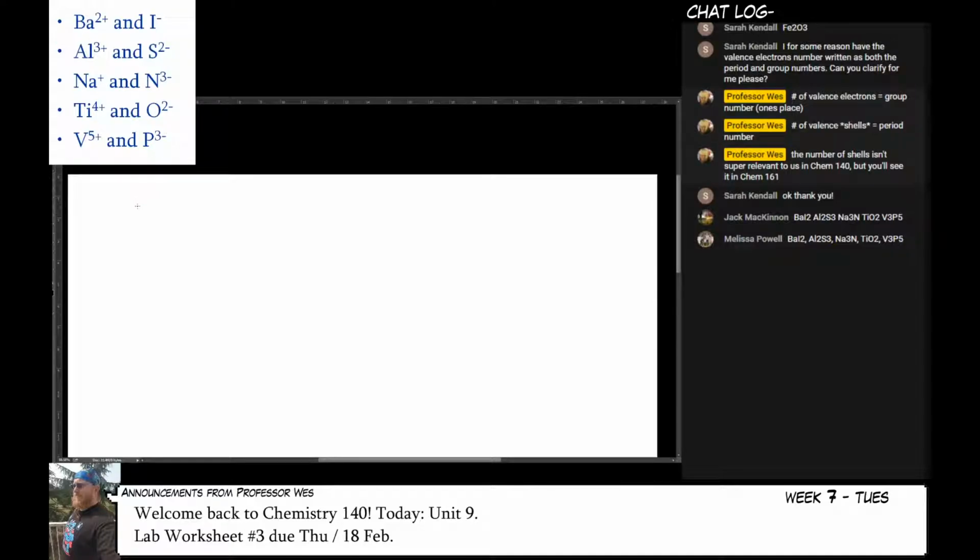All right, just like before, these are the ions that form, so let's tally up the charges. I need more negative. I don't have enough negative to balance out my positive, so I'll get a second one of these. That looks good. That checks out. So the formula must be BaI2.